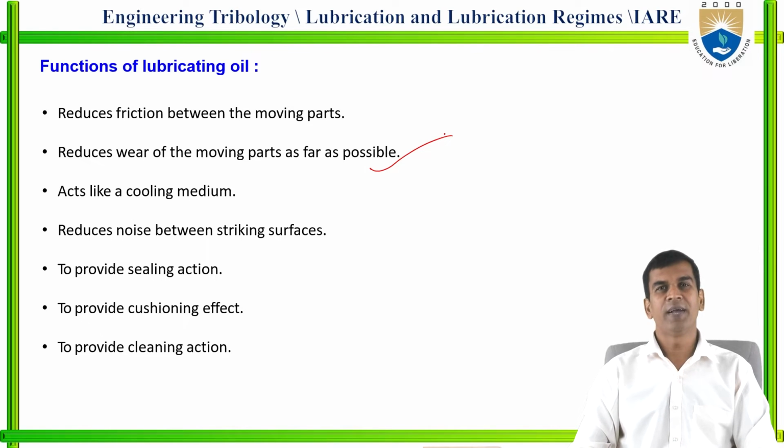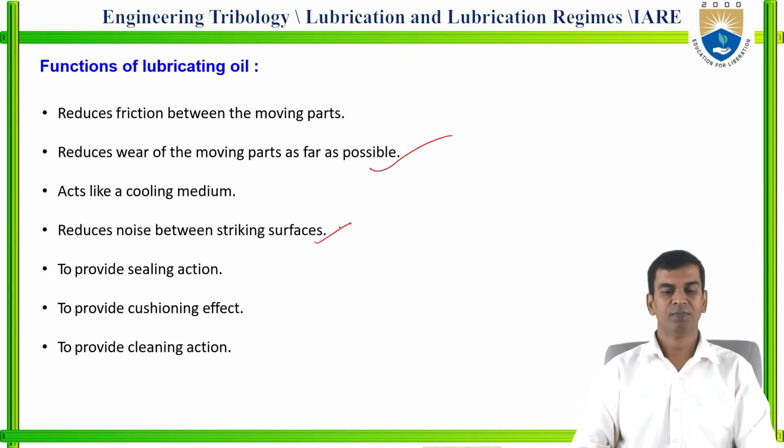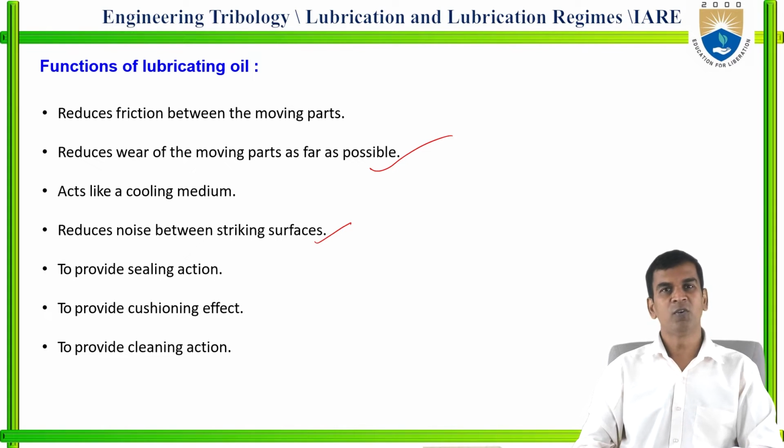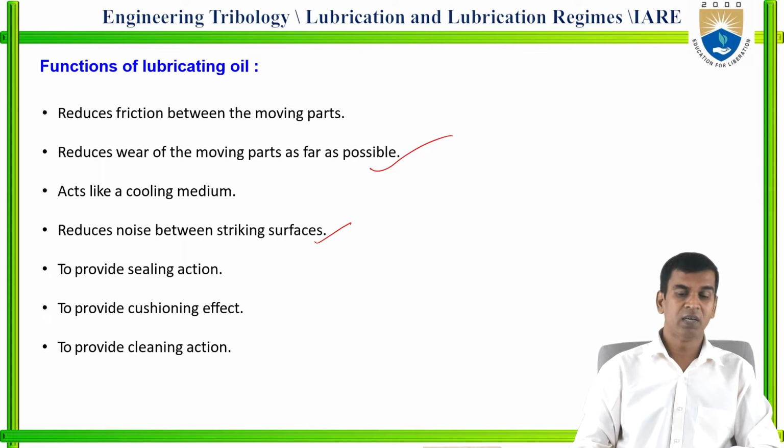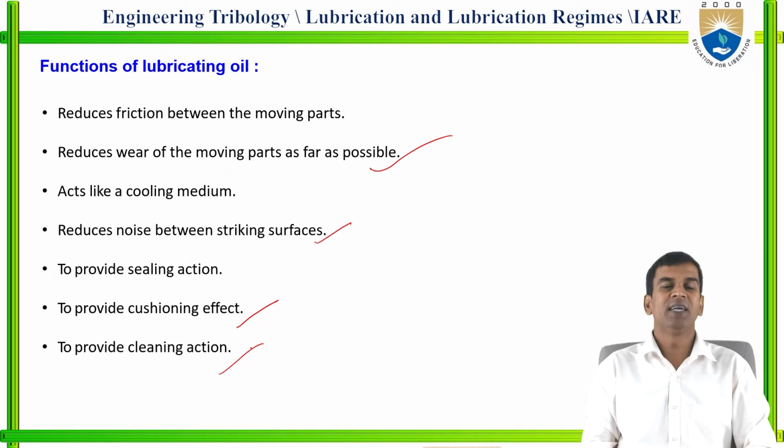It also acts as a cooling medium and it reduces the noise between the striking or contact surfaces. In some cases, it provides a sealing action, acting as a sealing agent between the two surfaces.